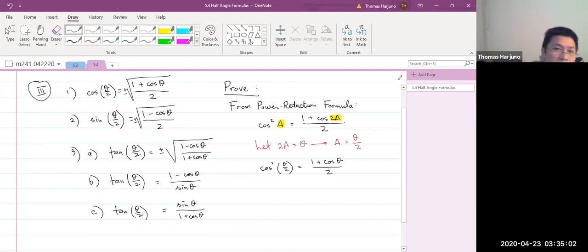I just do that substitution. I call that 2A to be theta. Now cosine theta over 2 becomes plus minus square root of 1 plus cosine theta over 2.